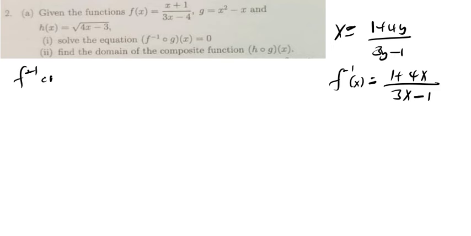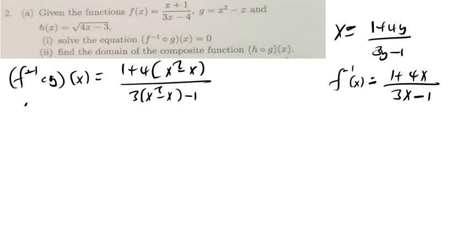G is x squared minus x, divided by 3 times x squared minus x, minus 1. Now we've been told to equate this equal to 0, so this will be equal to 0. So now we have 1 plus 4 times x squared minus x is 4x squared minus 4x, and I divide this by 3x squared minus 3x minus 1 being equal to 0.